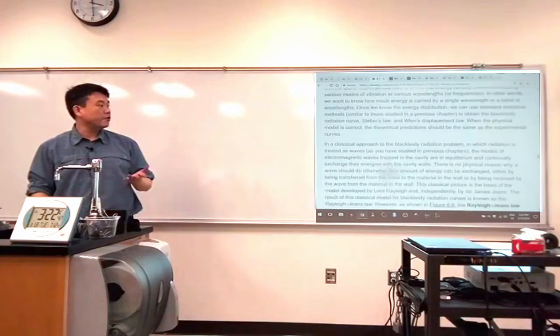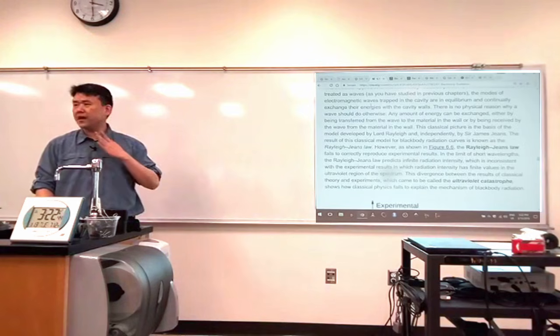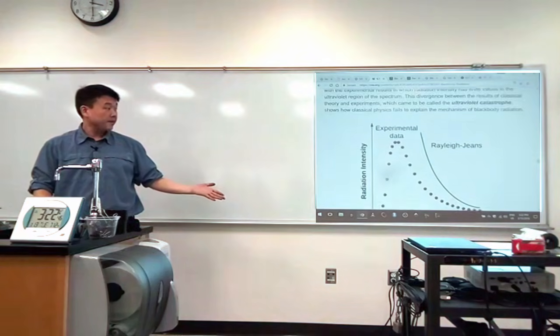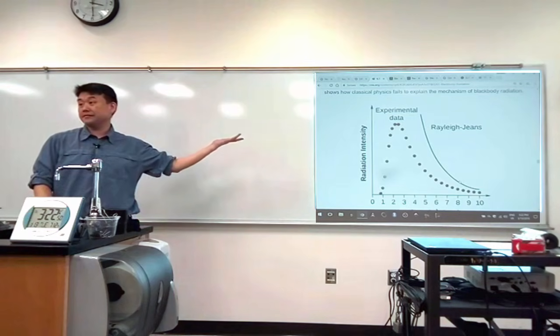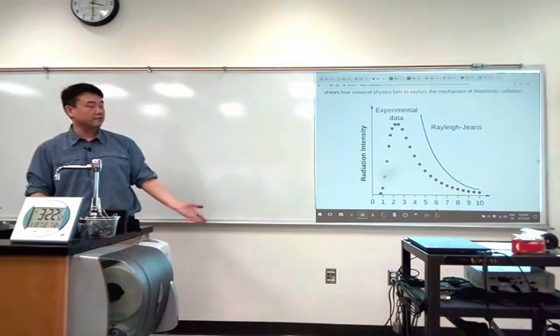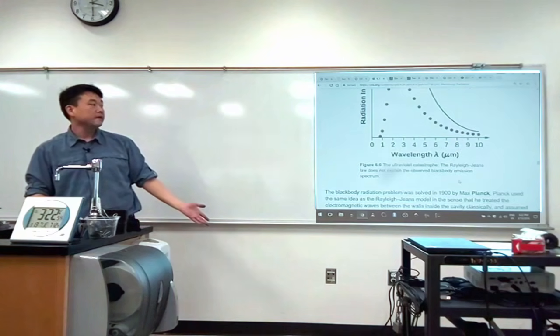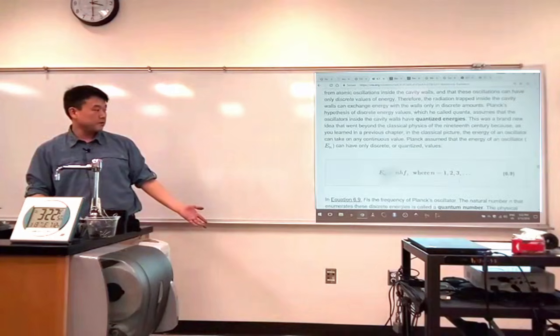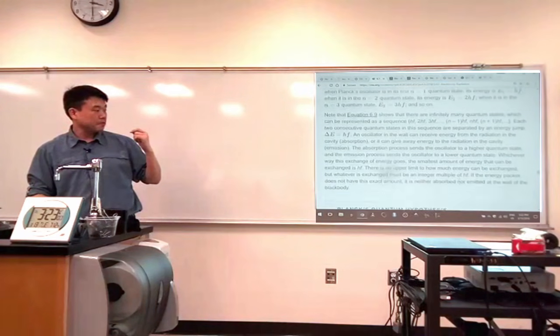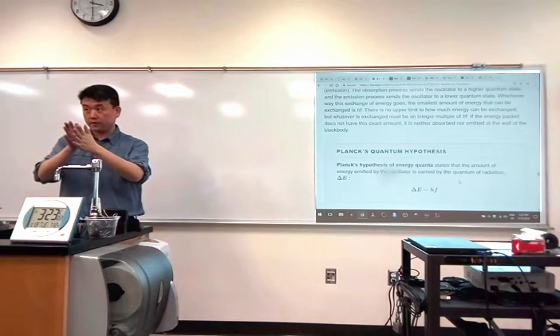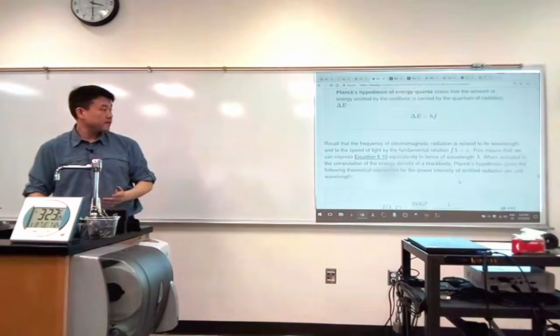So where people were running into the problem was, how do you actually understand this? And the Rayleigh-Jeans law, the first attempt at it, failed because it resulted in the ultraviolet catastrophe. So the question was how to handle the short wavelength or high frequency case.